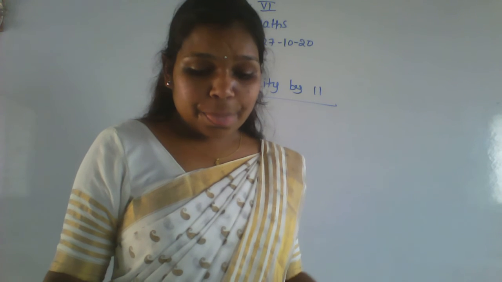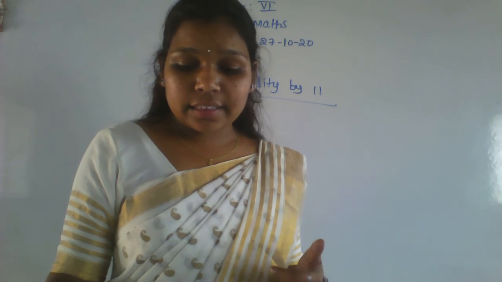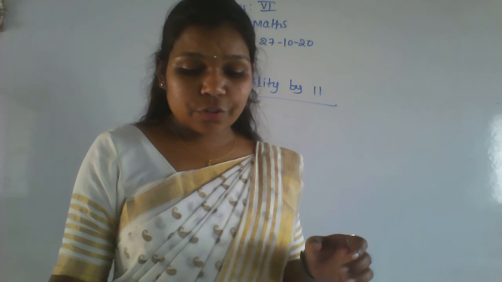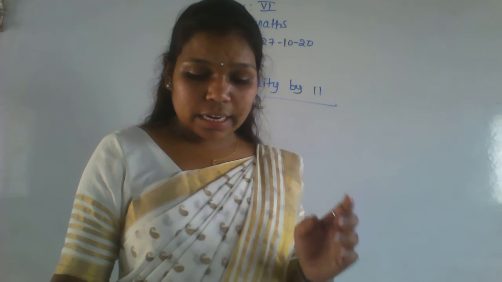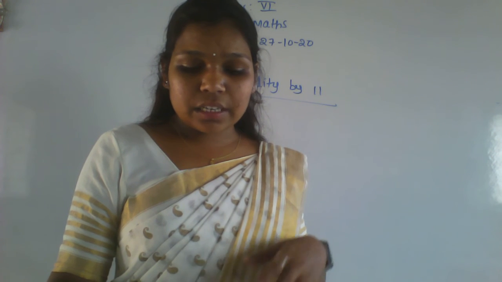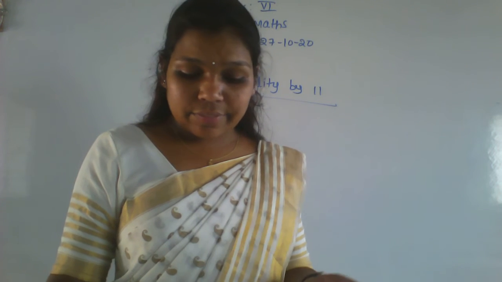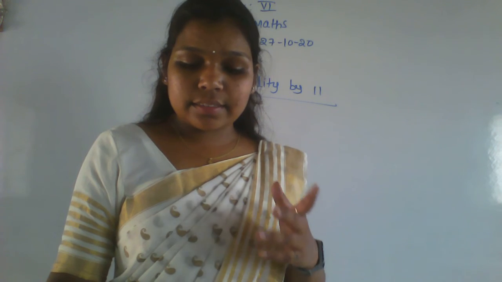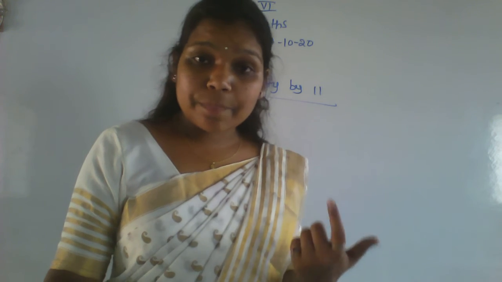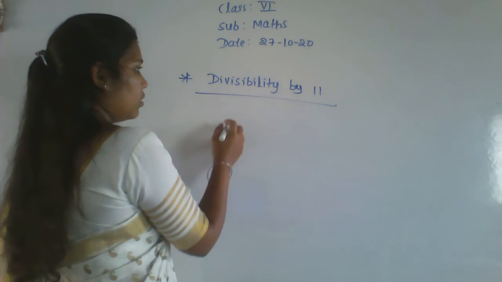To check whether a number is divisible by 11, add the digits at the odd positions counting from the left side. Then add the remaining digits. If the difference between those two sums is either 0 or divisible by 11, then we can say that the given number is divisible by 11. Okay, so for that you can write like this here.